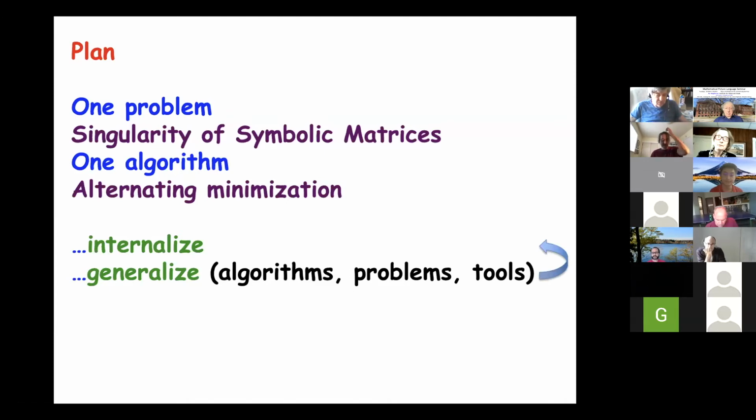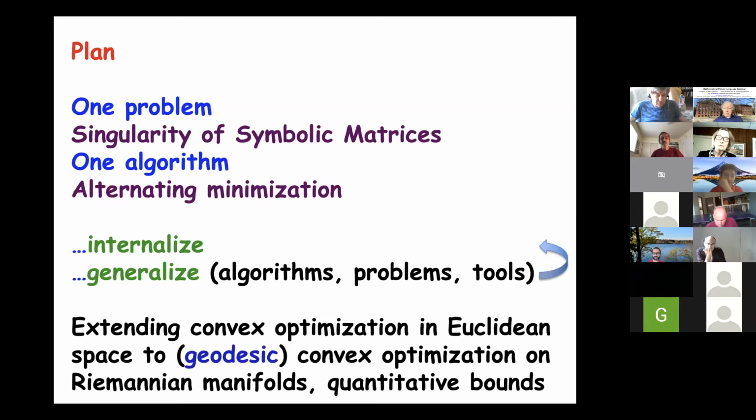And we'll see how to arrive eventually at what I think is a pretty good understanding, although far from complete, of how to extend the very familiar convex optimization framework of Euclidean space that everybody is using all the time to the setting of geodesic optimization, where your optimization lives in Riemannian manifolds. And we'll talk about algorithms for that and bounds analysis of such algorithms.